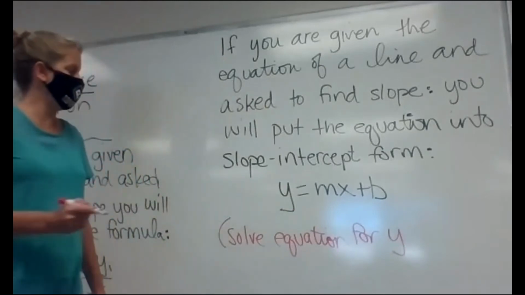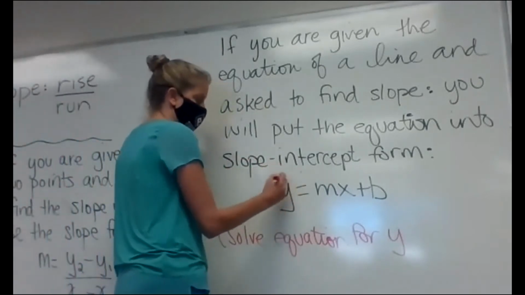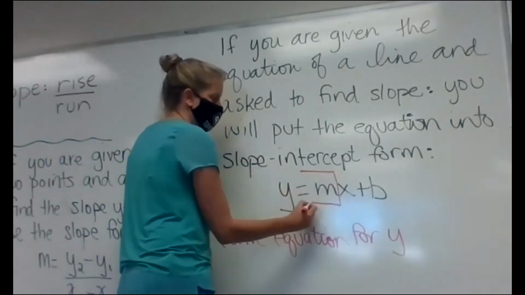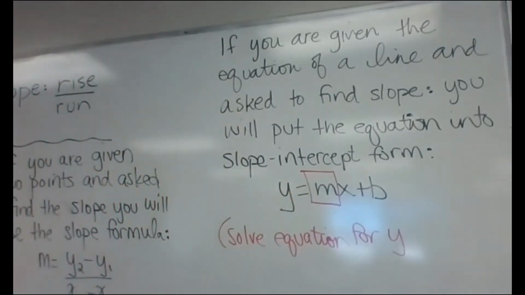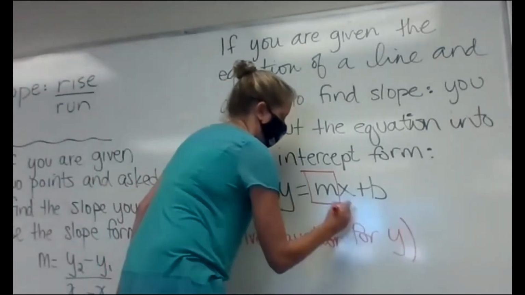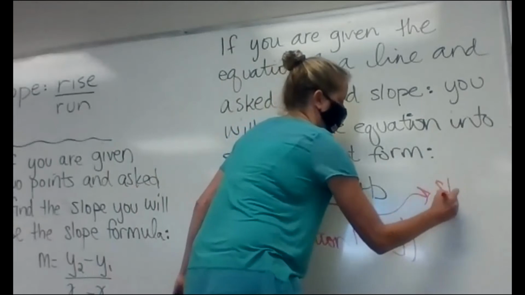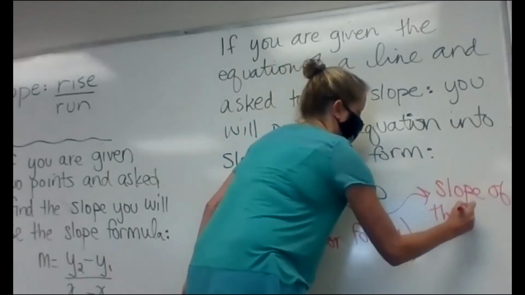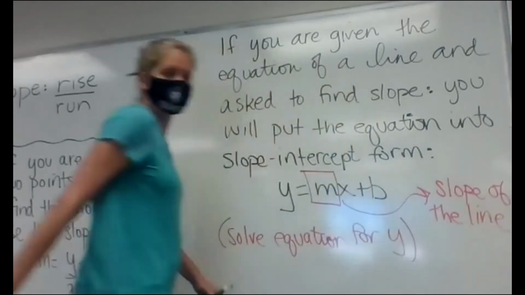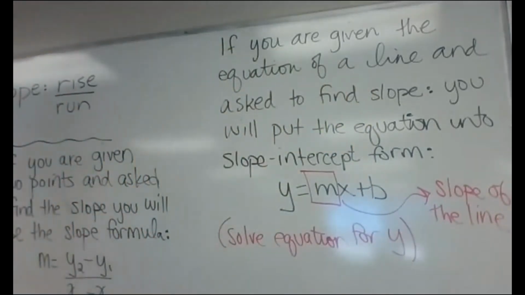Once you solve the equation for y, once you get the y by itself, the number hooked on to the x is the slope of the line. Get that down.